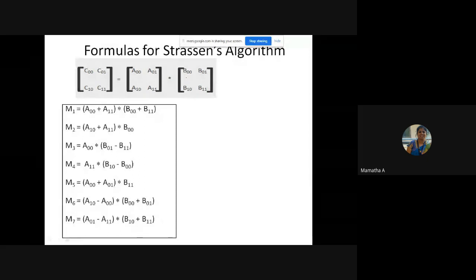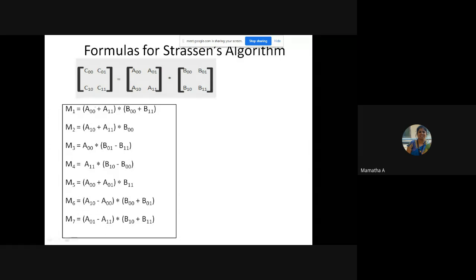And its subtraction. Similarly, you can take the last element of your second matrix multiplied with A00 plus A01. That is the first row of first matrix. And the M6 and M7. Somehow you have to remember this, right? And get to know how you can write the formulas. Once this is done, your computing becomes easier.